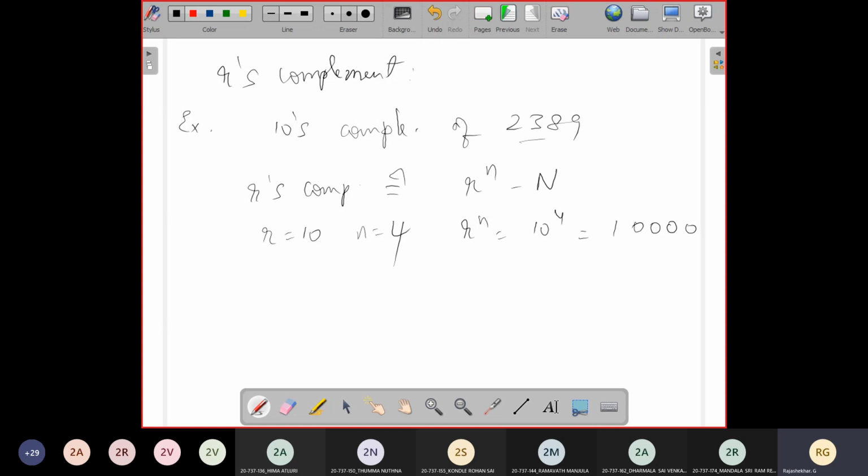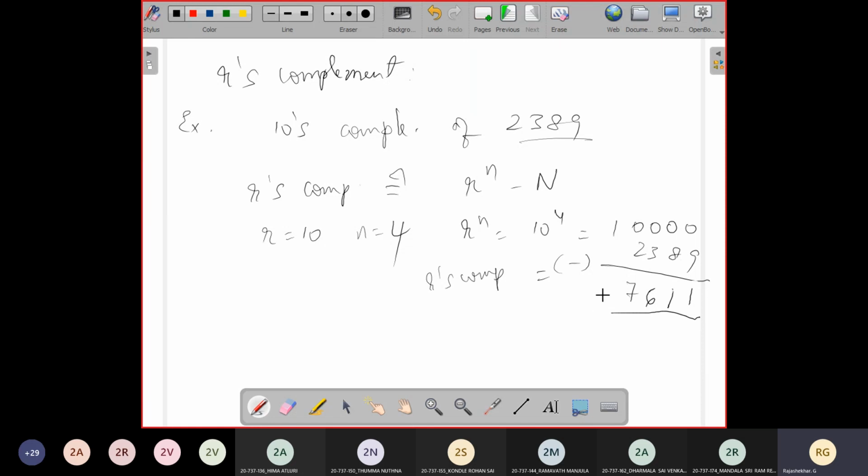From this number, you have to subtract the given number, 2389. So the result is 7611.